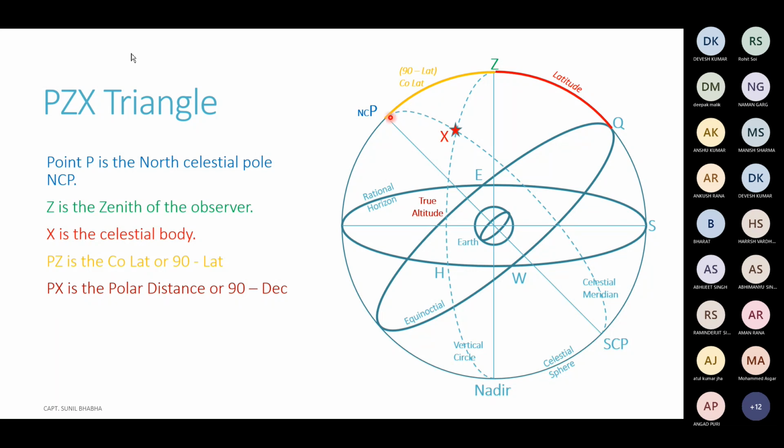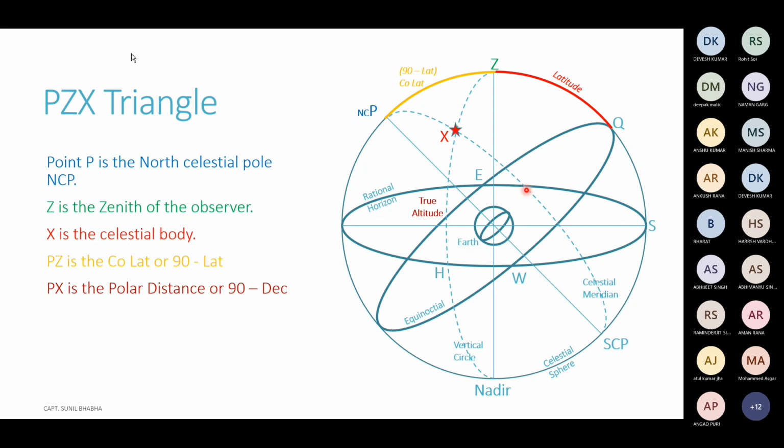So this is known as the polar distance. Now, this particular dotted line which you see going from the north celestial pole, passing from the star and going up to the south celestial pole, is the celestial meridian of the star. We discussed the celestial meridian in the equinoctial system.